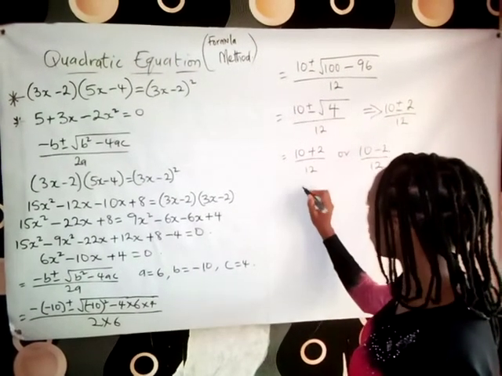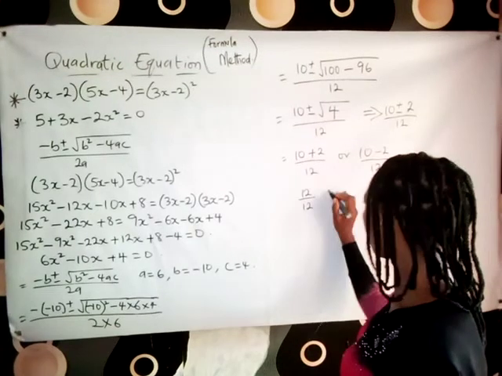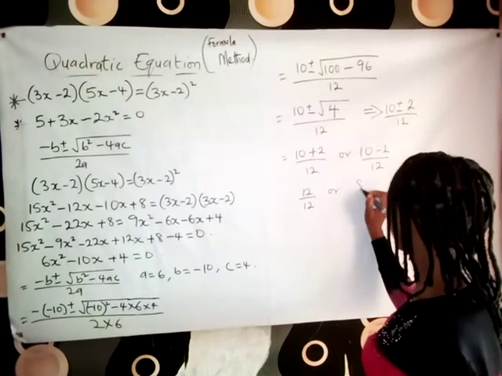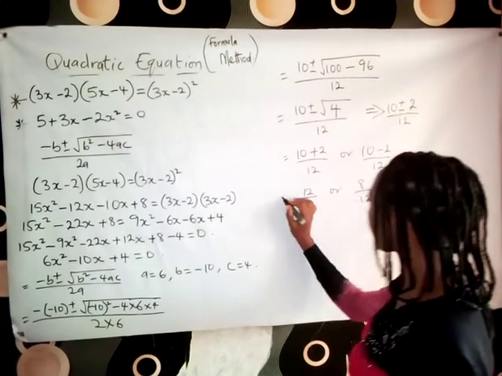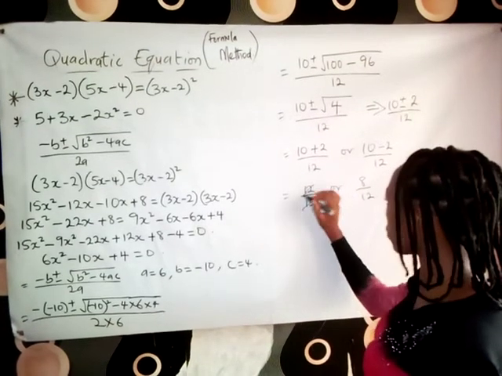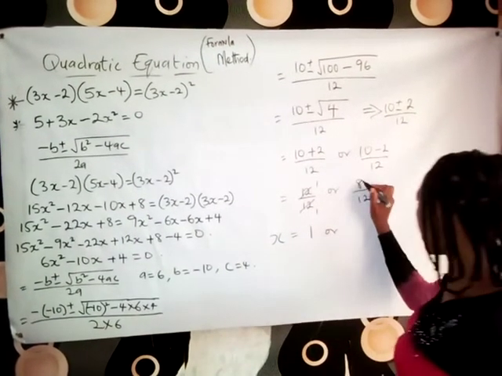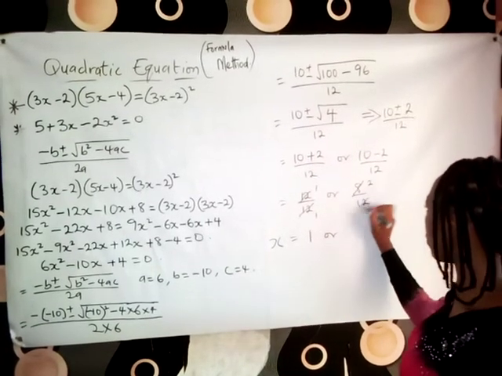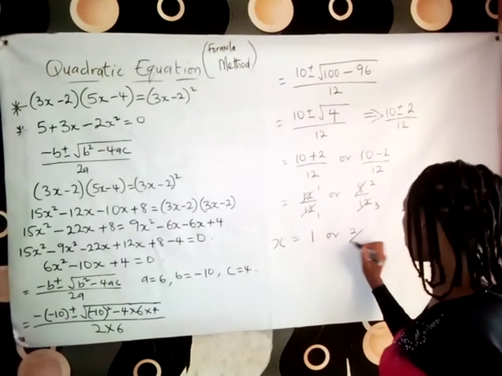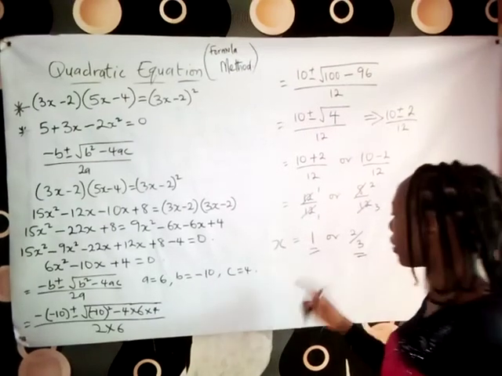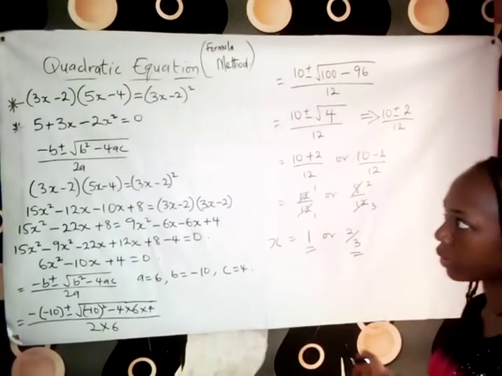So 10 plus 2 will give us 12 over 12, or 10 minus 2 will give us 8 over 12. So 12 here, 1, 12 here, 1, so we have 1 here. And here we have 4 here is 2, 4 here is 3, we have 2 over 3. So your answer is x equals 1, or 2 over 3.